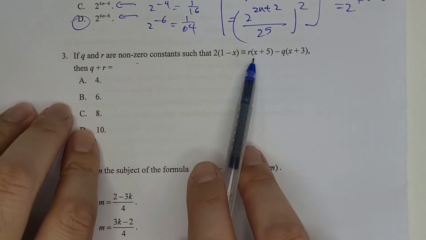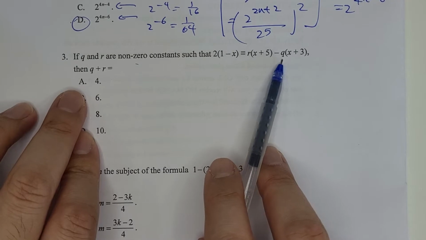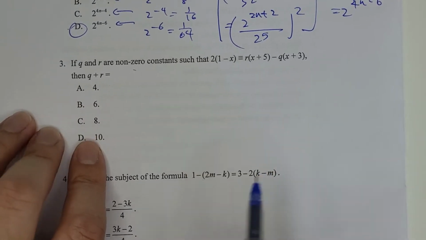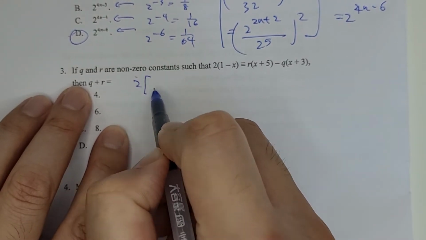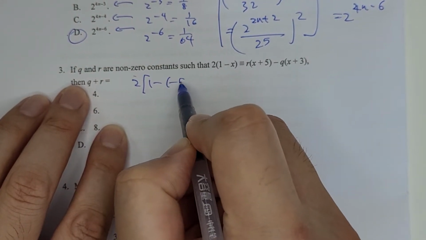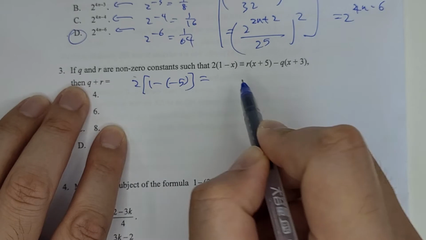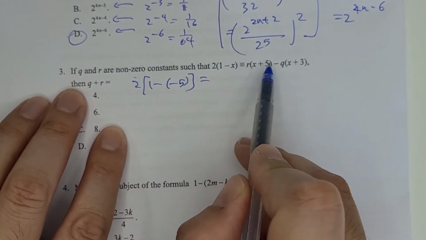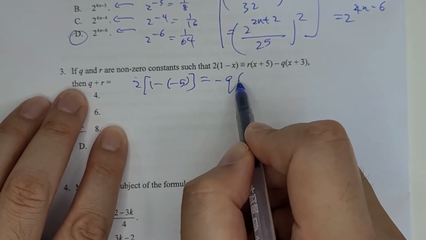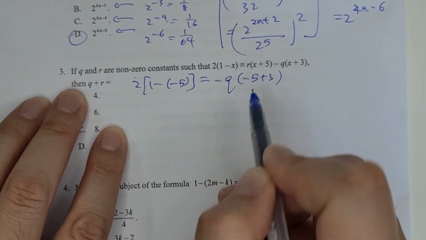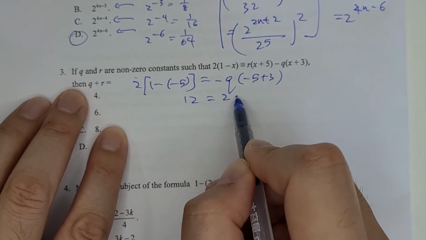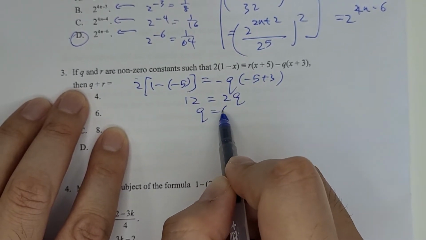So how to find q? You can try to remove r by substituting x equals negative 5. So 2 bracket 1 minus negative 5 will equal, when you substitute x equals negative 5, this one will be cancelled. So equal to q bracket negative 5 plus 3. And you can get 12 equals 2q. Q equals 6.